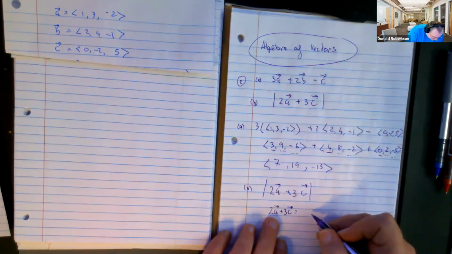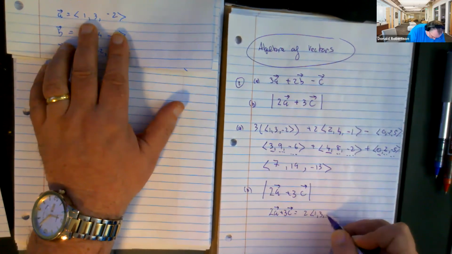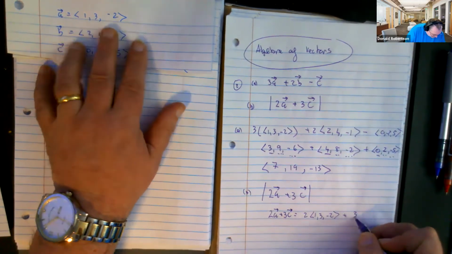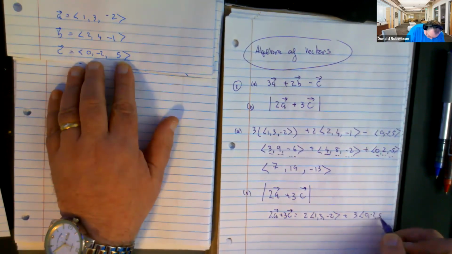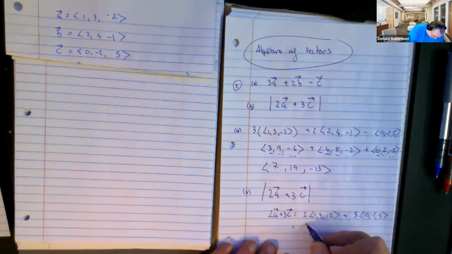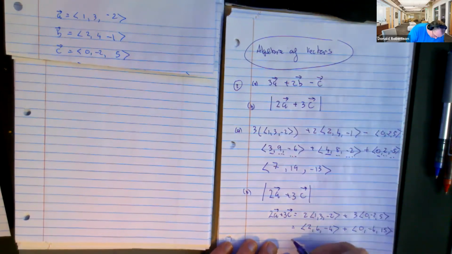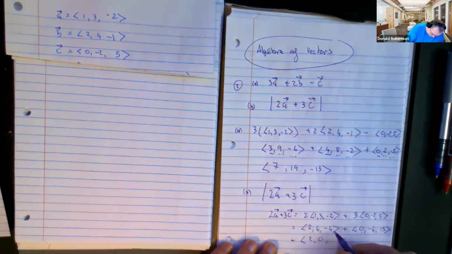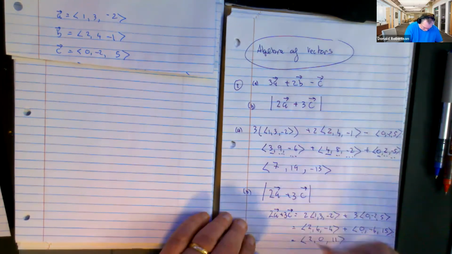So 2 times a, well, that's 2 times this guy, plus 3 times this guy. And this guy is 2, 6, negative 4. And this guy is 0, negative 6, and 15. And if you add them together, you get 2, you get a 0, and you get an 11. So far, so good.